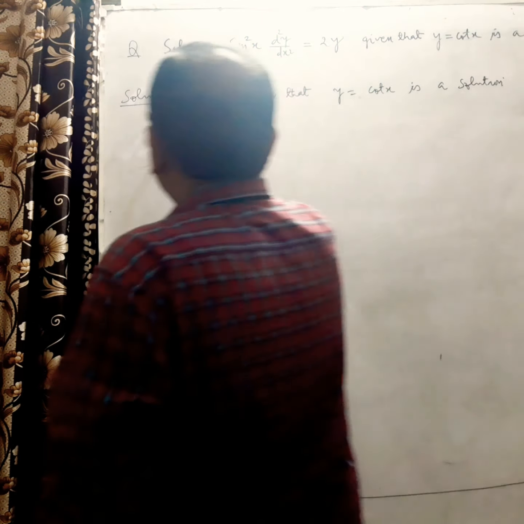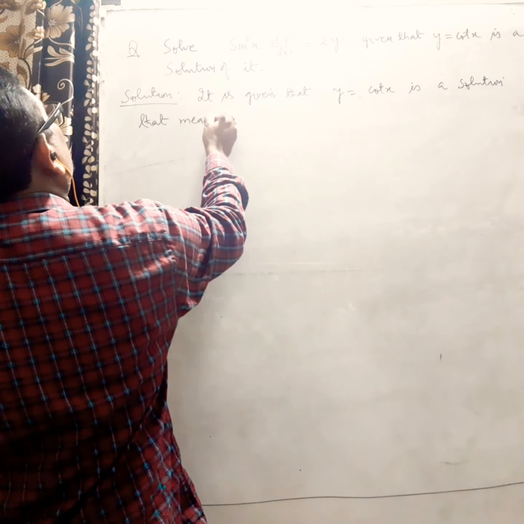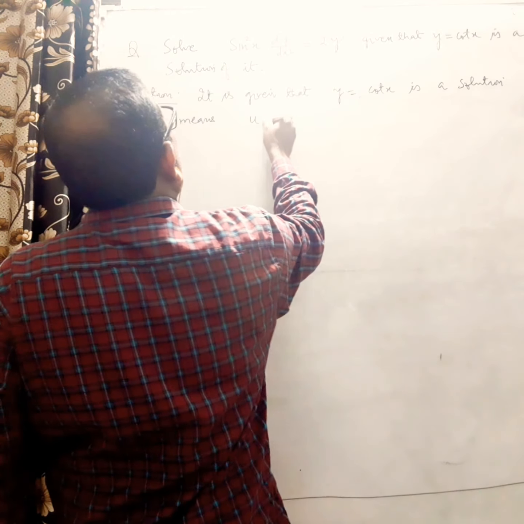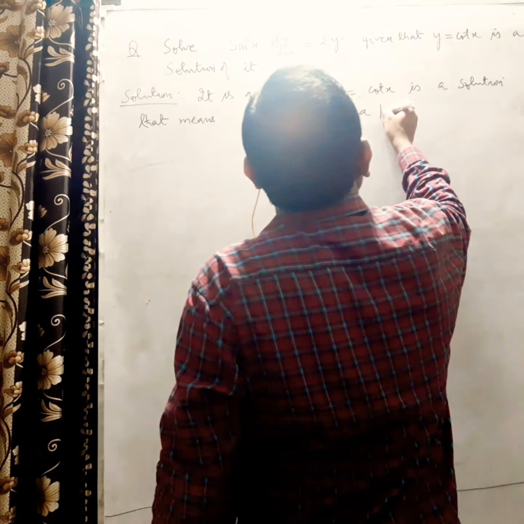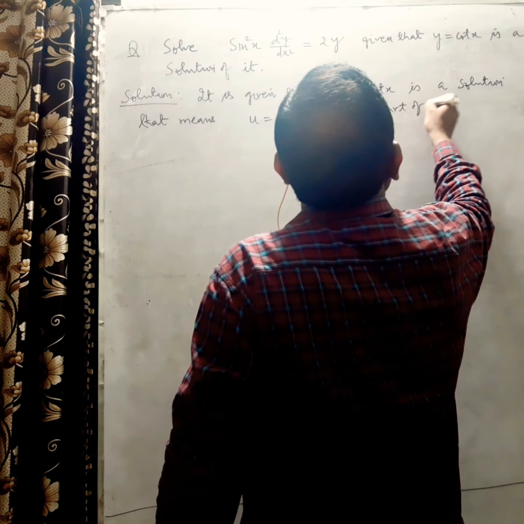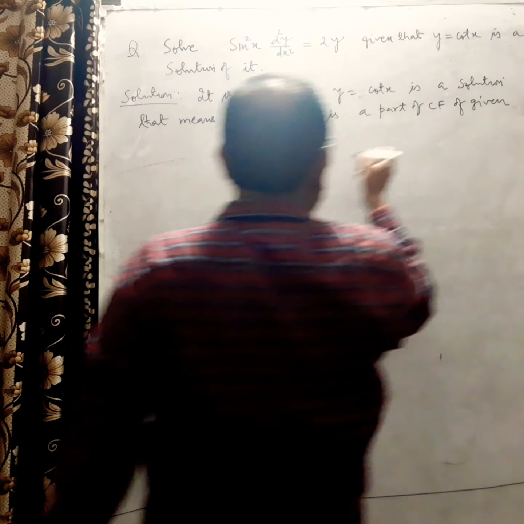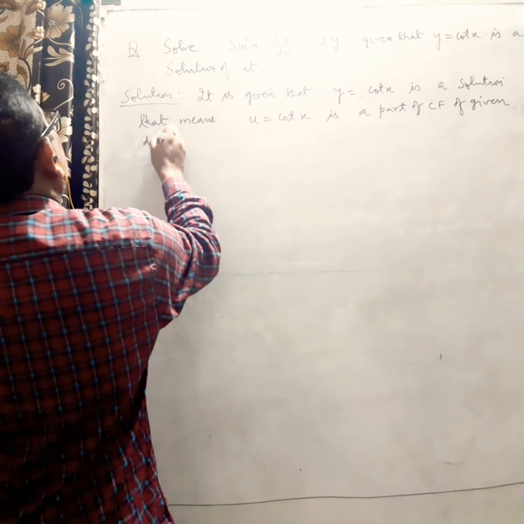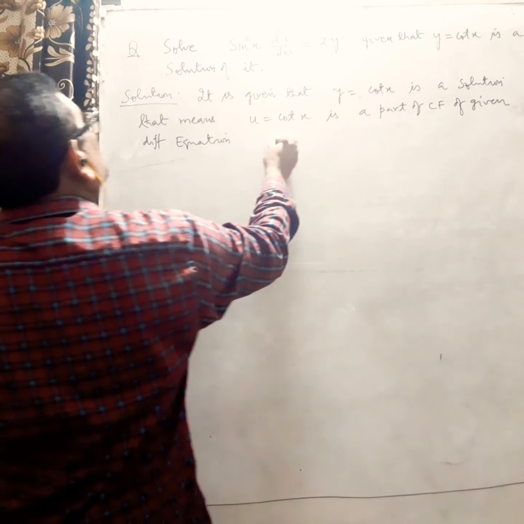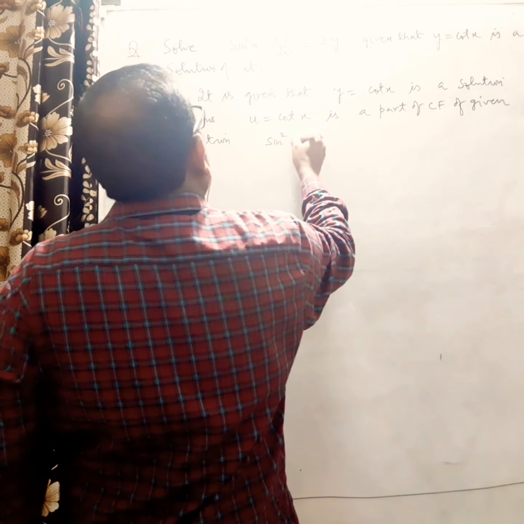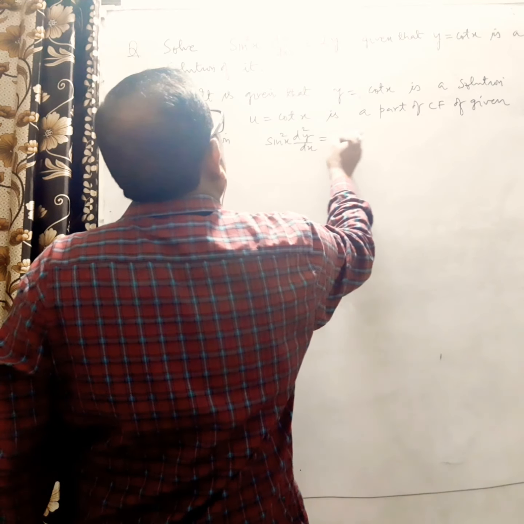That means u is equal to cot x is a part of the CF of the given differential equation sin square x d2y upon dx square is equal to 2y.